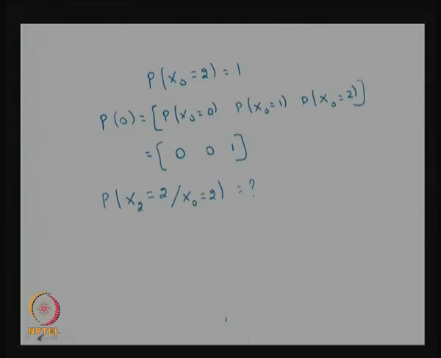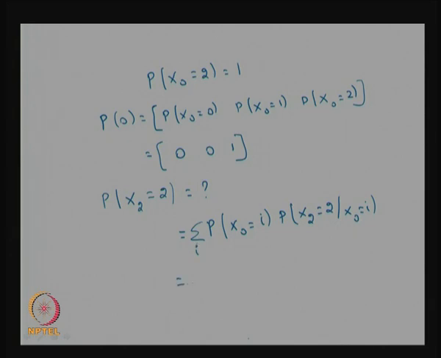To find this, with the given information, we consider P(X_2 = 2 | X_0 = i) for all possible values of i.